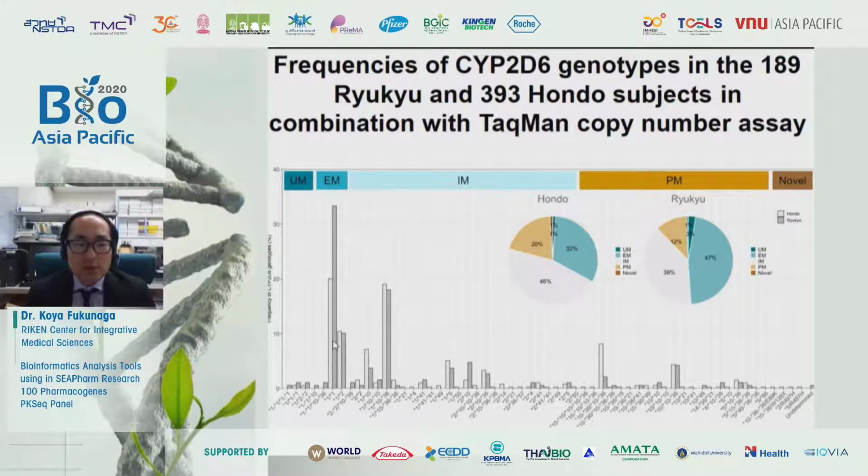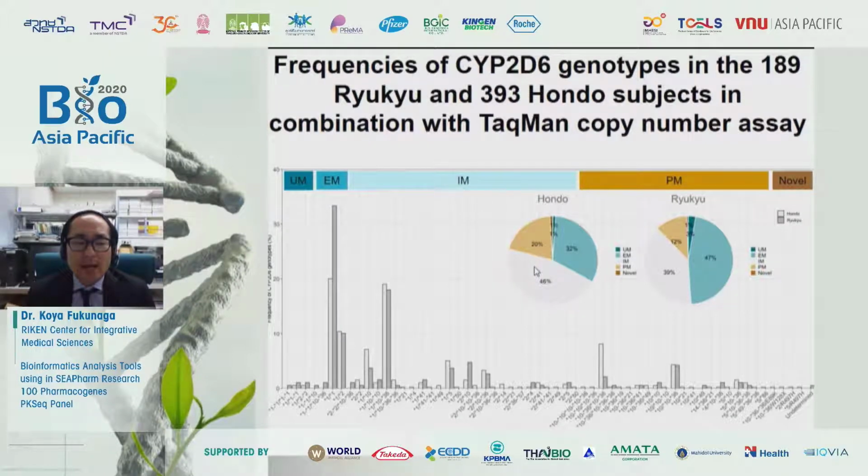The white bar shows the Hondo frequency, and the gray bar shows the Ryukyu frequency. UM means high CYP2D6 activity, EM means normal, IM means half activity, and PM means low CYP2D6 activity.